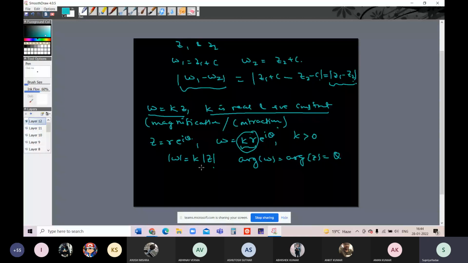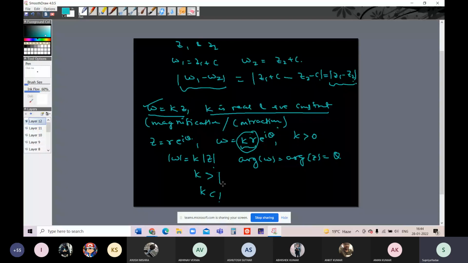So if k is greater than 1, this k factor will magnify the region which is mapped under this mapping, and if k is less than 1, it will contract the region which is mapped under this mapping.